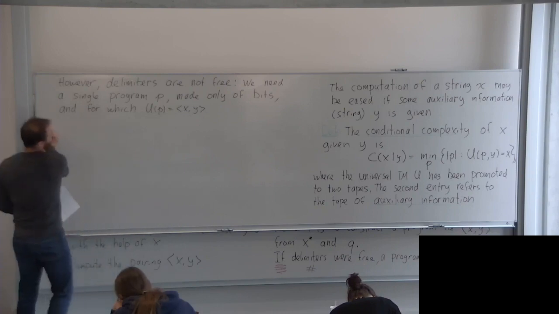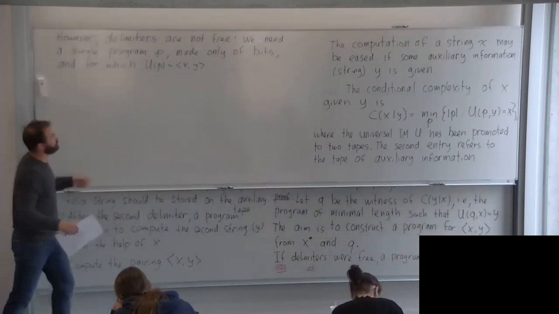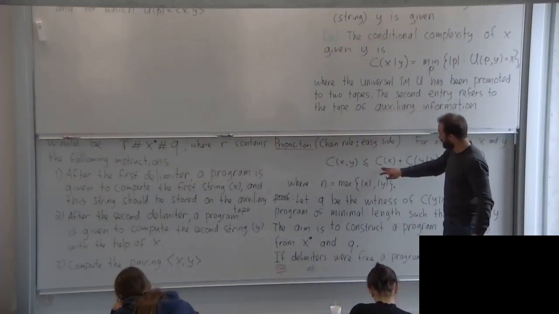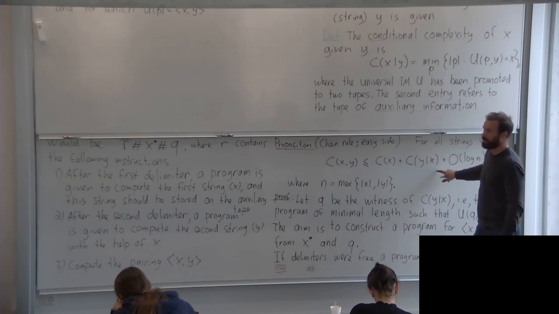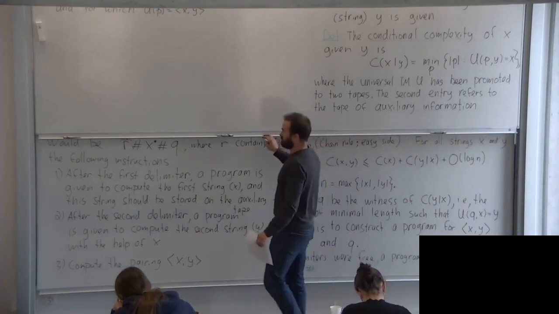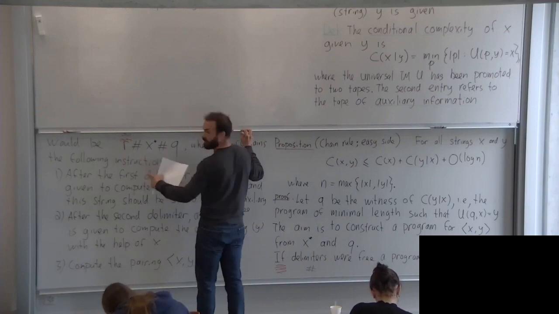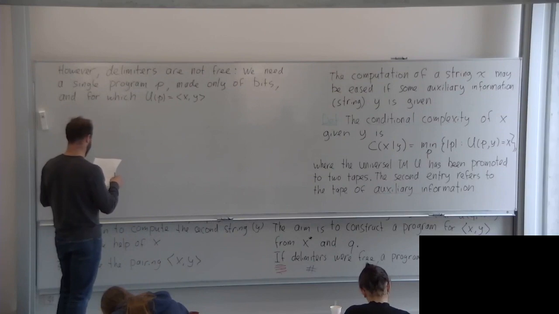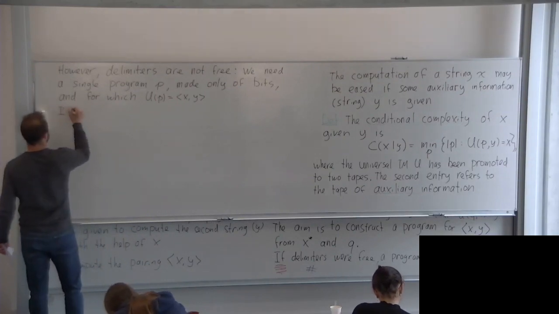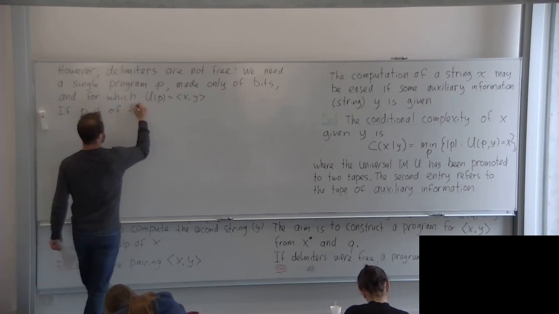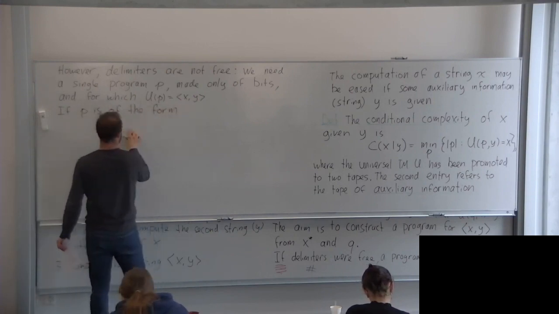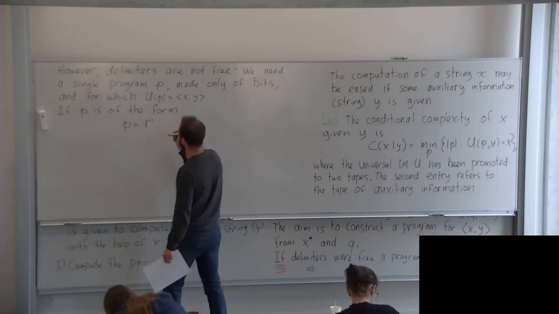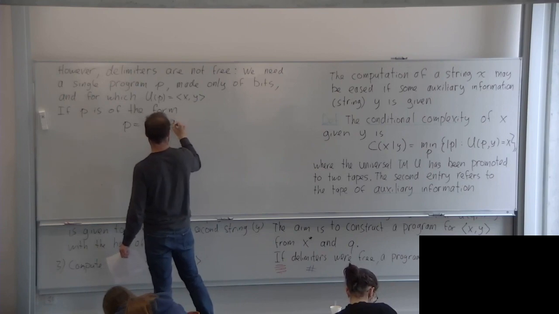So we know, since we want to compute an upper bound for the shortest program for xy, and that this upper bound involves x star and it involves q, I'll be inspired by this construction, and I'll be looking for a P of the form P equals a different R, call it R prime, x star q.